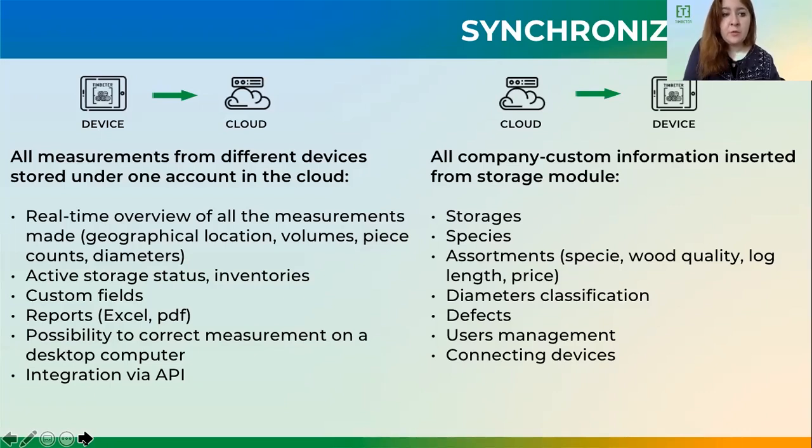Then there is an overview of the active storage status, and based on the measurements, multiple reporting options are there, and also this can be easily integrated with API. And once any changes are happening in the cloud, these changes will be later displayed in the device once the synchronization has been made. So the information about the storages, species, assortments, and so on and so forth.